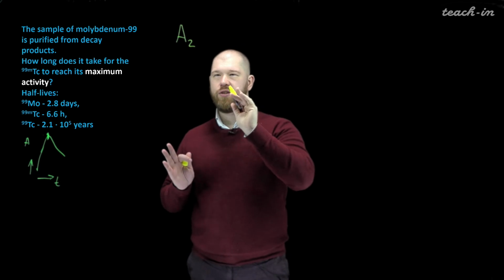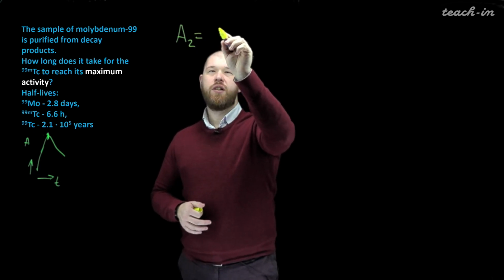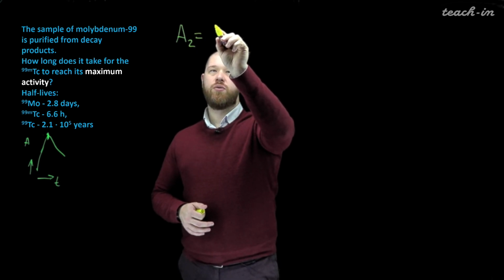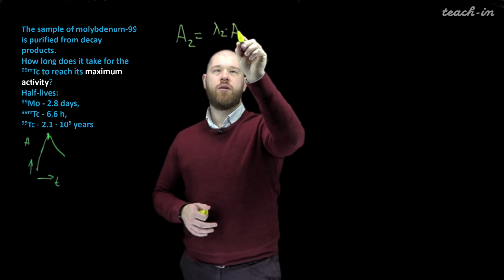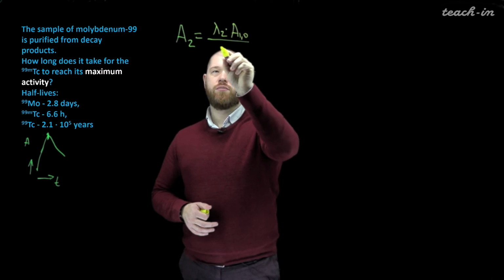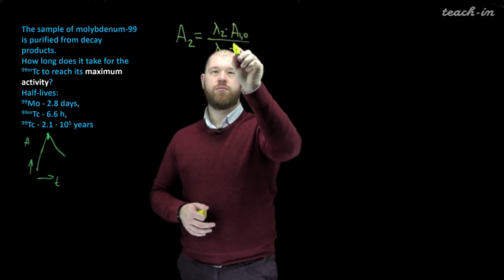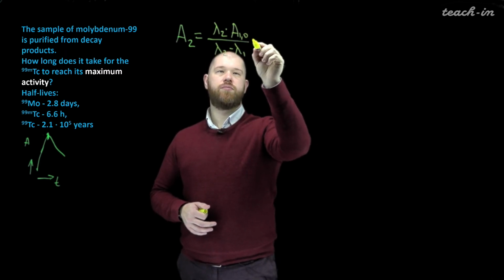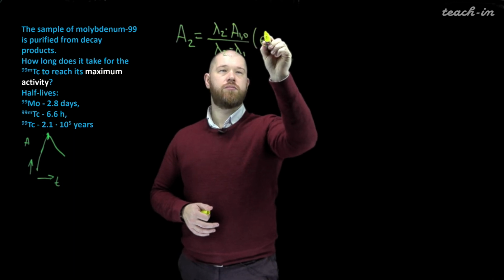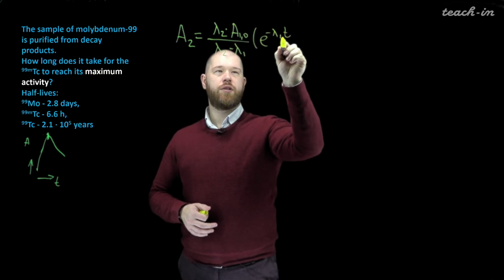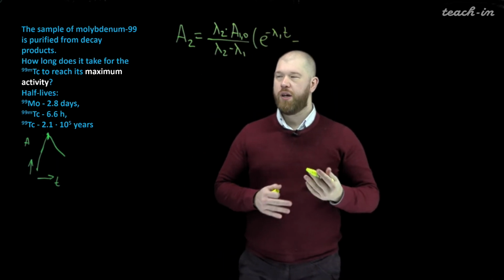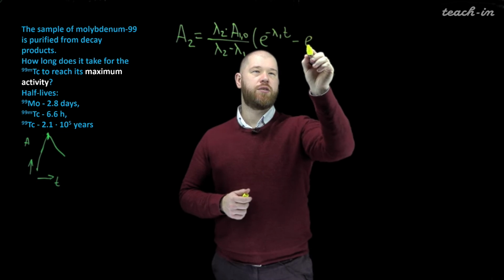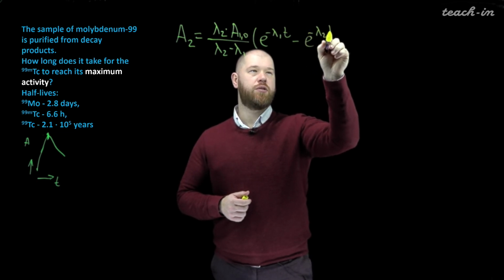let's call it just second radionuclide, is equal to this expression, where index 1 is related to the parental or mother radionuclide, and the index 2 is related to the daughter radionuclide.